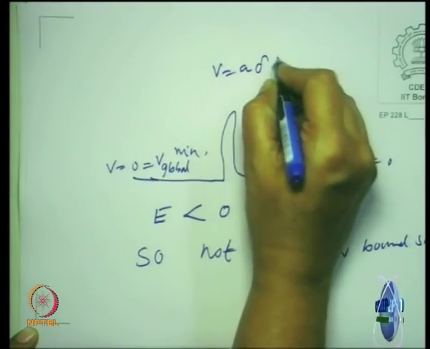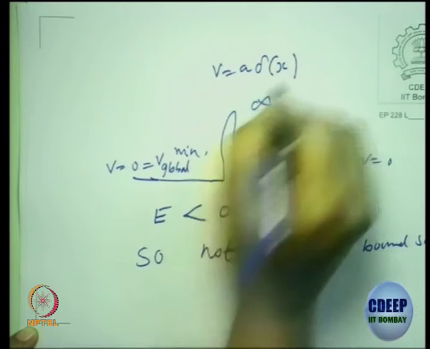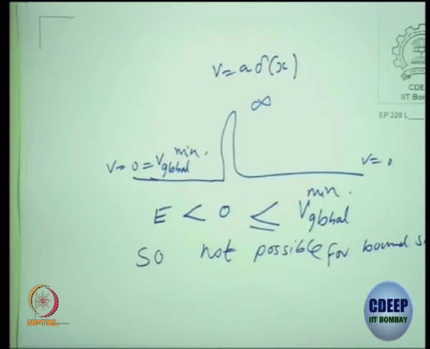Mathematics, when you do, you can still do it for the delta function. You will see that the result is dependent on whatever weightage factor which we write as A times delta of x. I am sure some of you would have done it. You will see that the amplitudes, reflection coefficients are all proportional to A squared and so on.